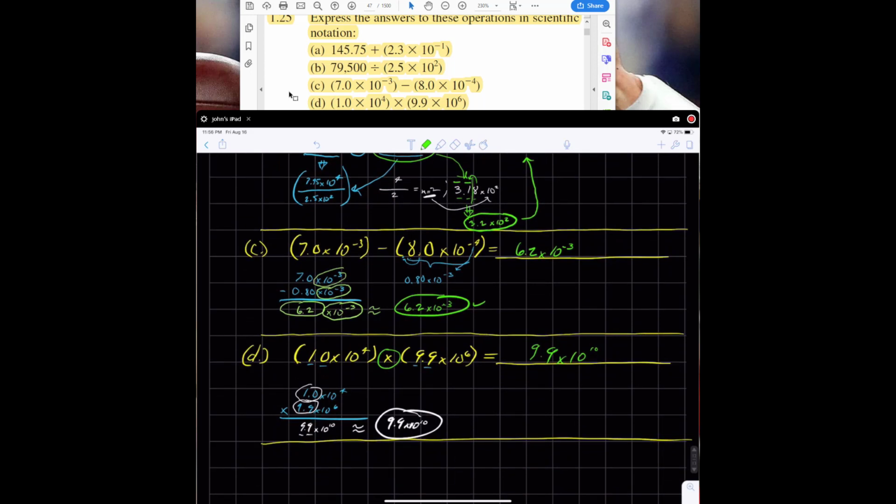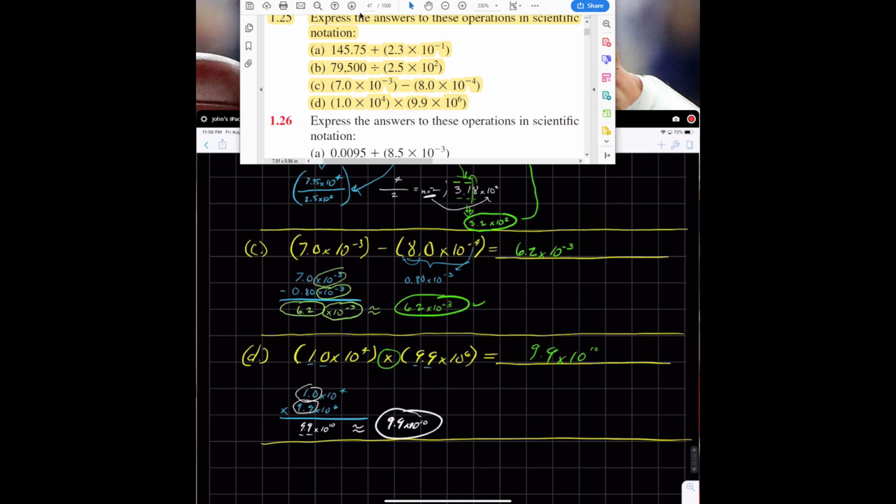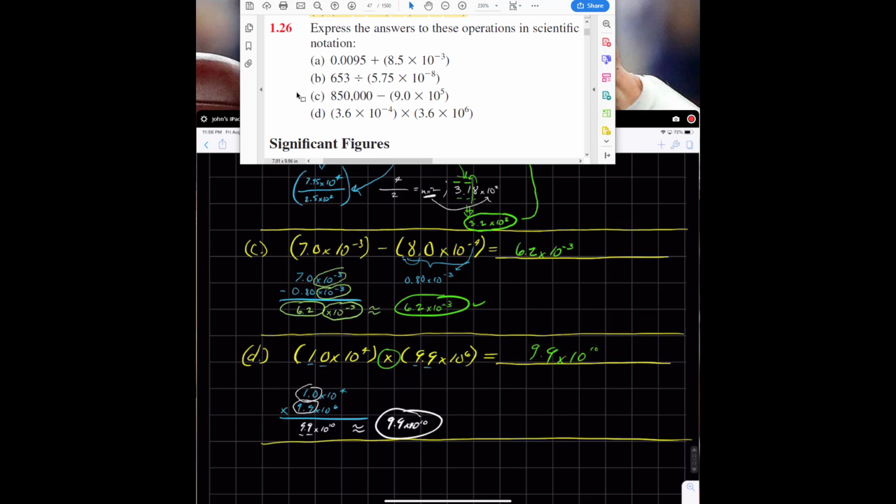And you have to try and decide how you want to approach it, whether you're going to keep your original values in scientific notation, or if you're going to convert them to non-scientific notation. And since the question is asking us to express the answers in scientific notation, that's what we have to do. So we can move on.